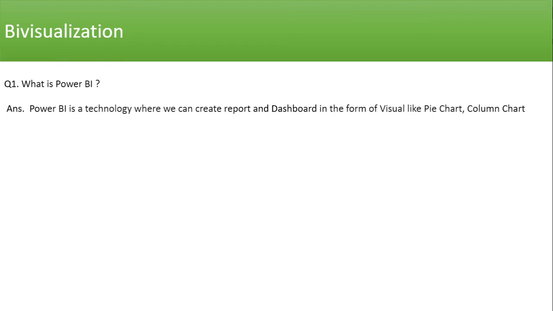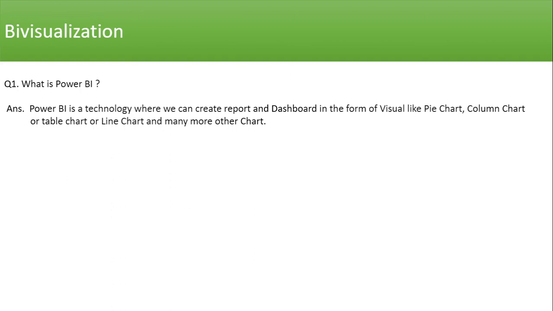Power BI is a technology where we can create reports and dashboards in the form of visuals like pie chart, column chart, table chart, line chart, and many other charts like map chart.